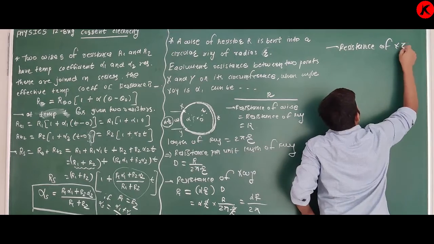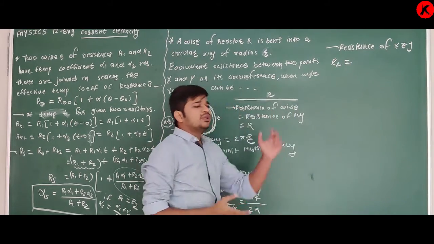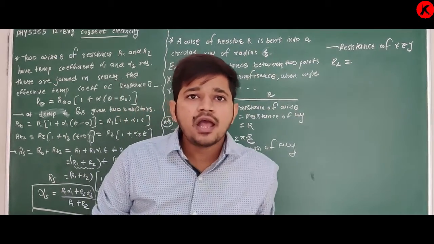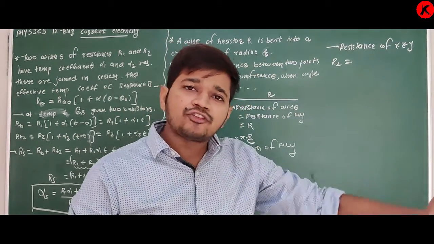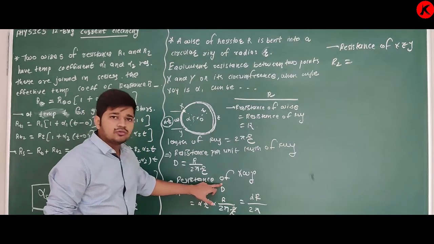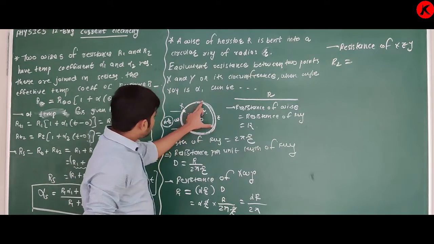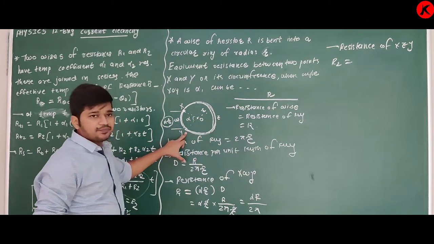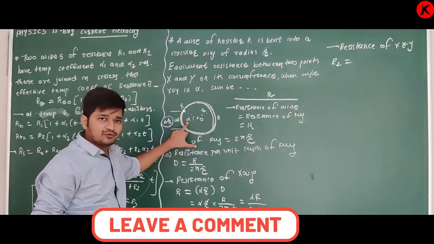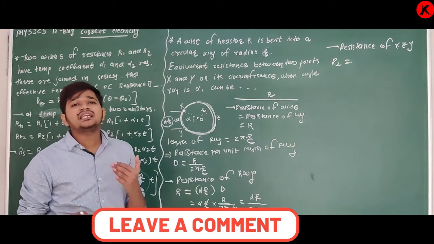Similarly, for XZY, the resistance R2. Again, if the resistance per unit length is D, then for any length, the resistance is length into D. What is the length of this XZY? As this angle is alpha, the XZY angle is 2 pi minus alpha.